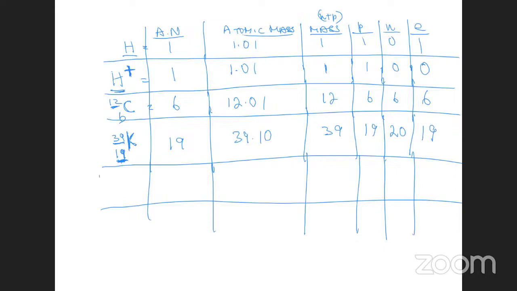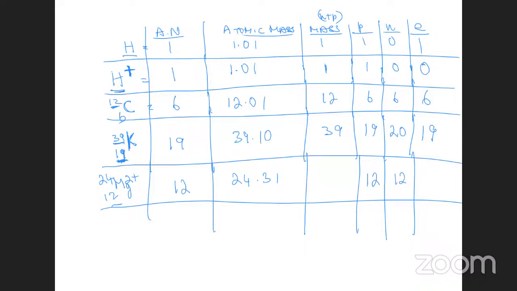Let's do one more. Let's take magnesium. When it's magnesium, you can see 12, so the atomic number should be 12. The number of protons should be 12. The charge is positive. The actual mass of magnesium, looking at the periodic table, is 24.31. The difference between 24 and 12 gives the number of neutrons, which is 12.